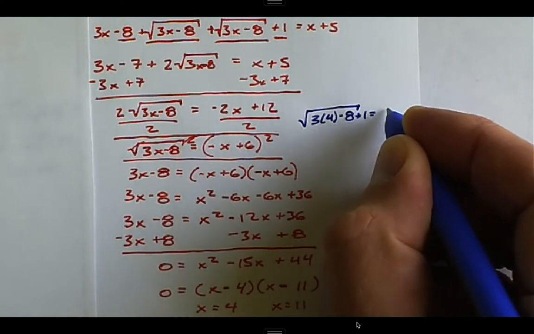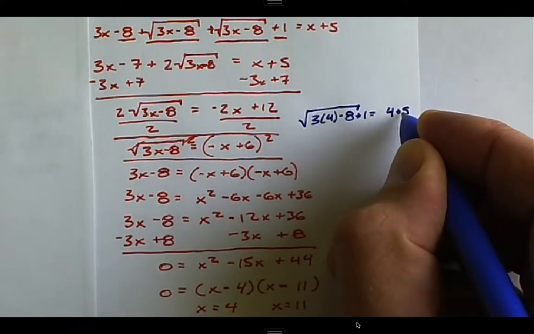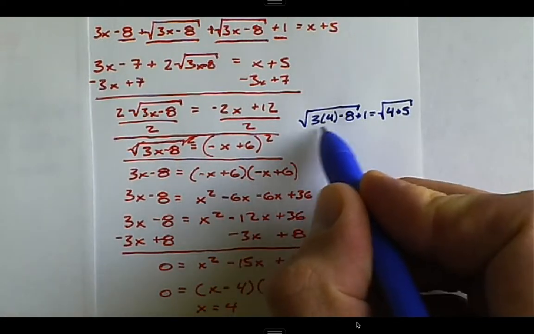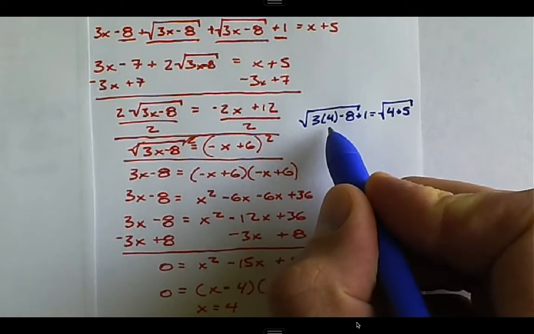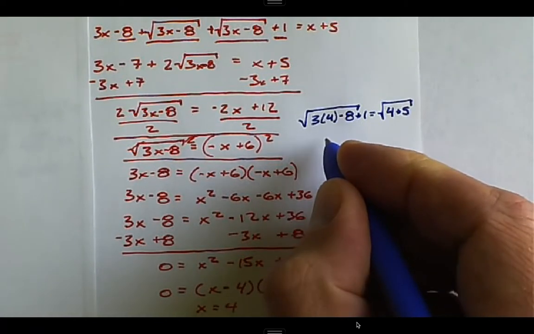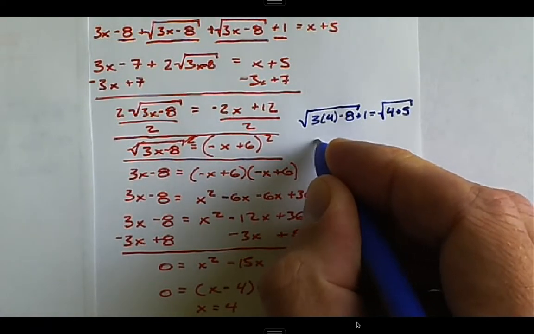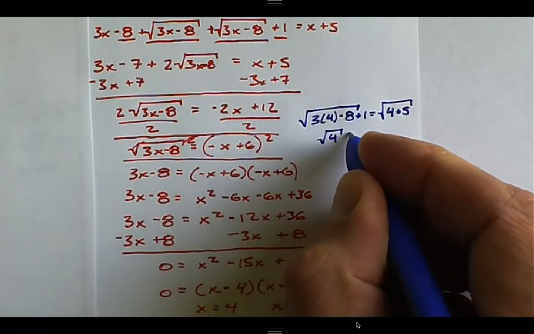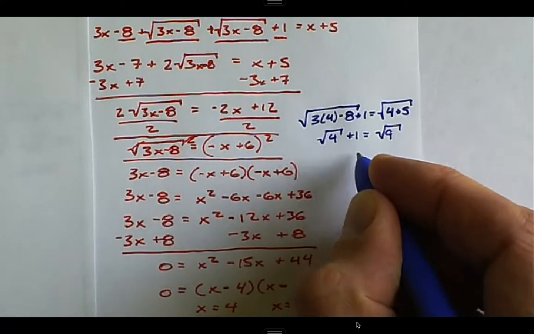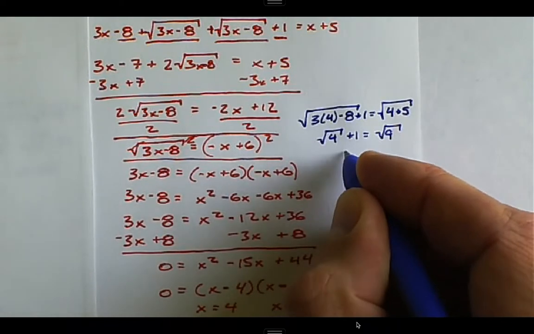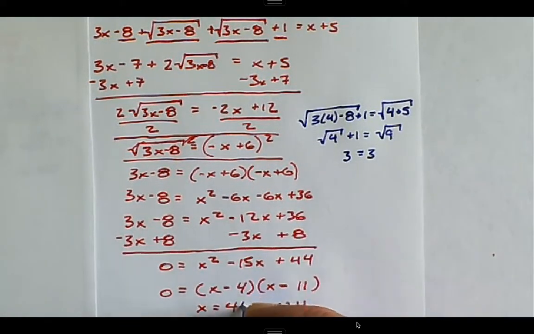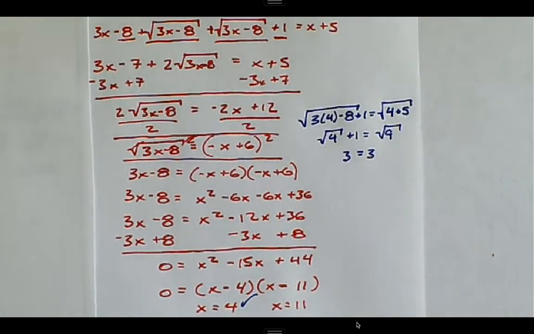We're going to check and see if that's equal to 4 plus 5, all under the radical. 3 times 4 is 12, minus 8 is 4. Square root of 4 plus 1 is equal to the square root of 9. Square root of 4 is 2, plus 1 is 3, so 3 is equal to 3. So we know that 4 does work.